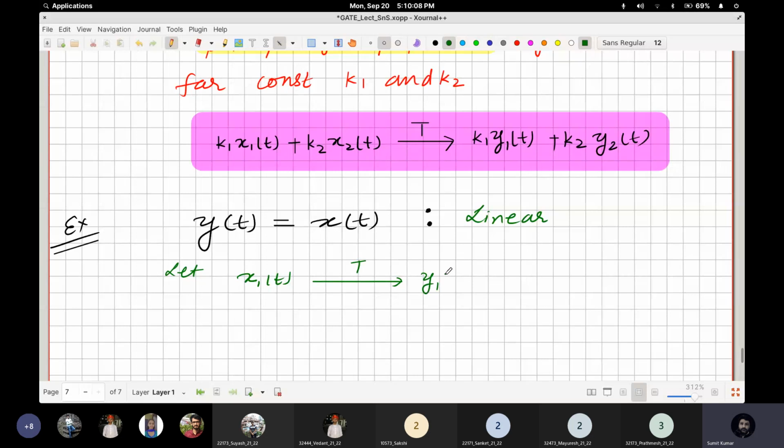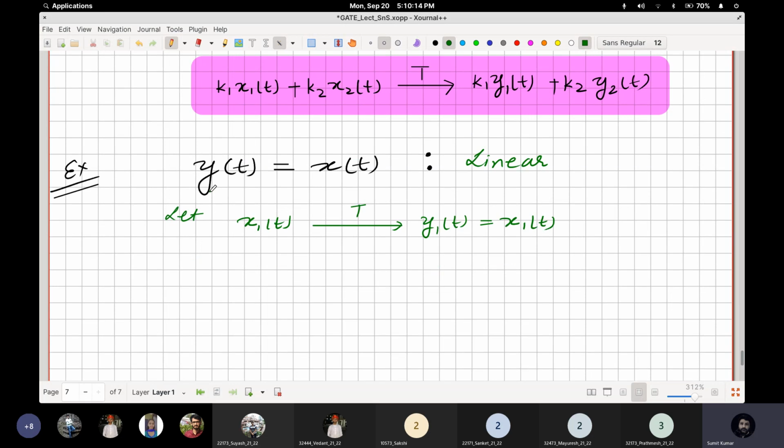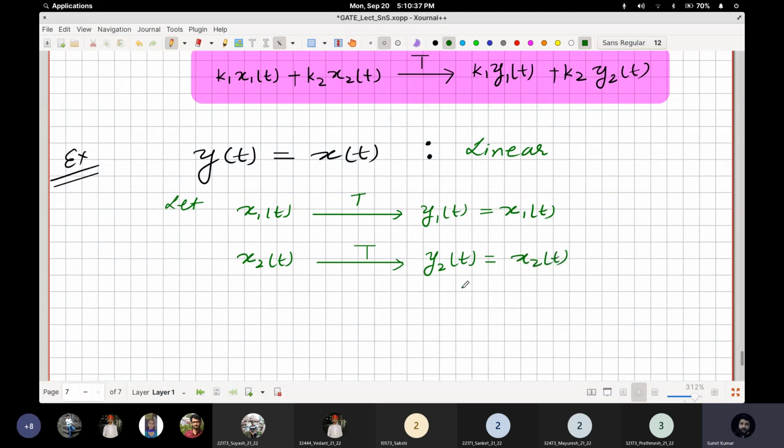I will assume that to be y1(t), and y1(t) will be equal to x1(t) only, because this system says that output is equal to input. Similarly, if I give x2(t) as input to the system, what is going to be our output? Let's assume this to be y2(t), and this is going to be x2(t), isn't it? Output is equal to input only.